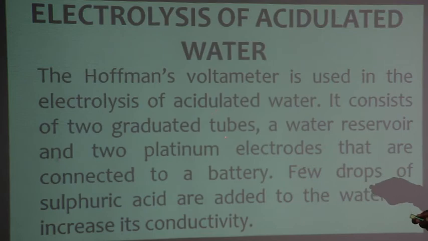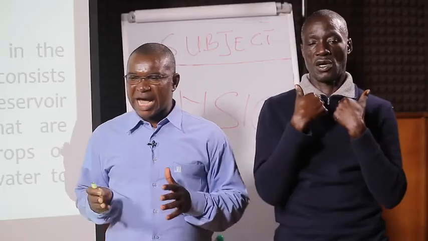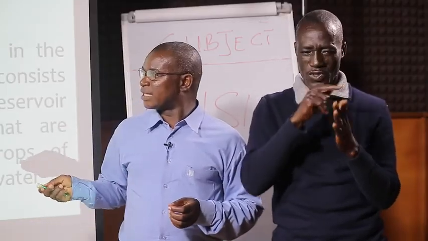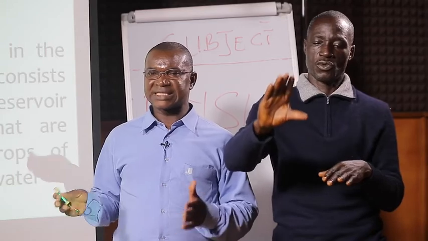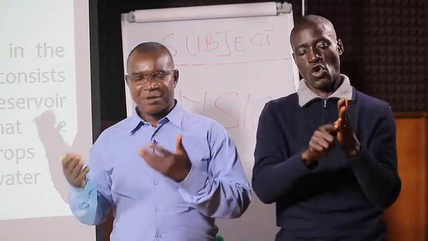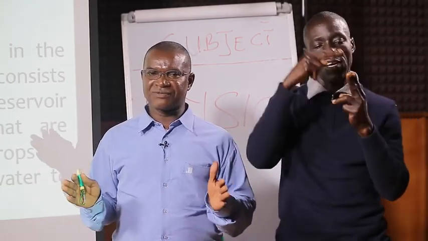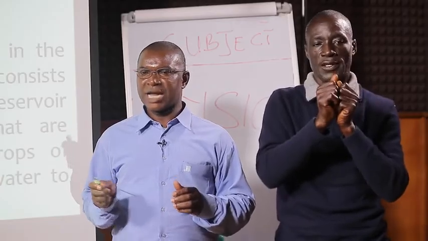You have a container, a reservoir, that has the water in it. And inside the reservoir, these cathodes and anodes are inserted, where you have, just as you know, Coulomb's law, that says like charges repel, while positive and negative attract each other.